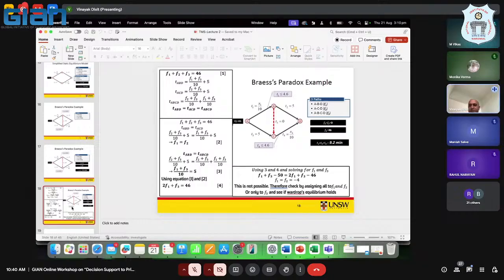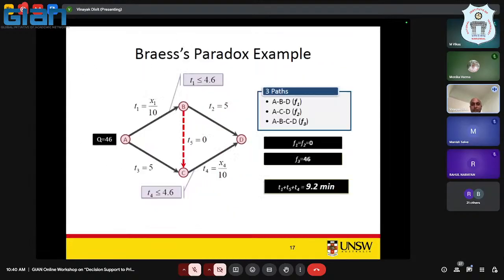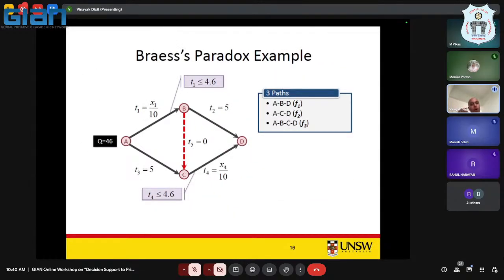Any other questions? So this is why we end up having management. And these things can grow exceptionally large very quickly. Now, one of the interesting things about these paradoxes, you can go and read about this. So the Braess paradox is one. There's also an information paradox.